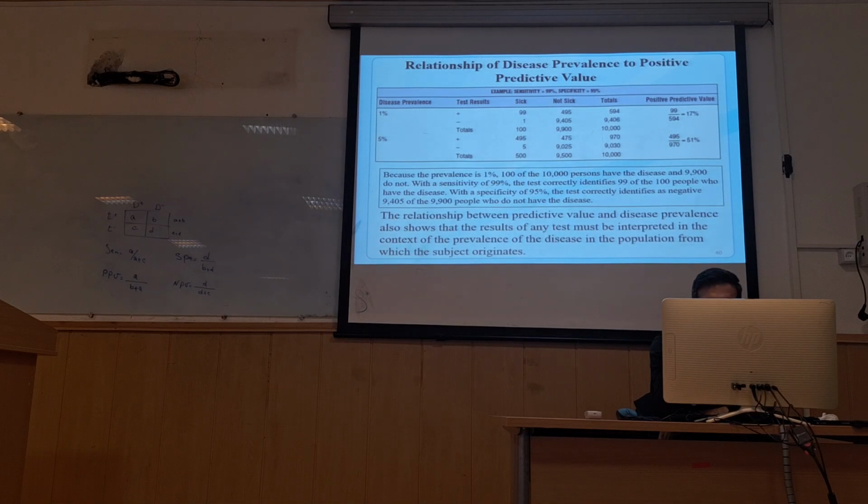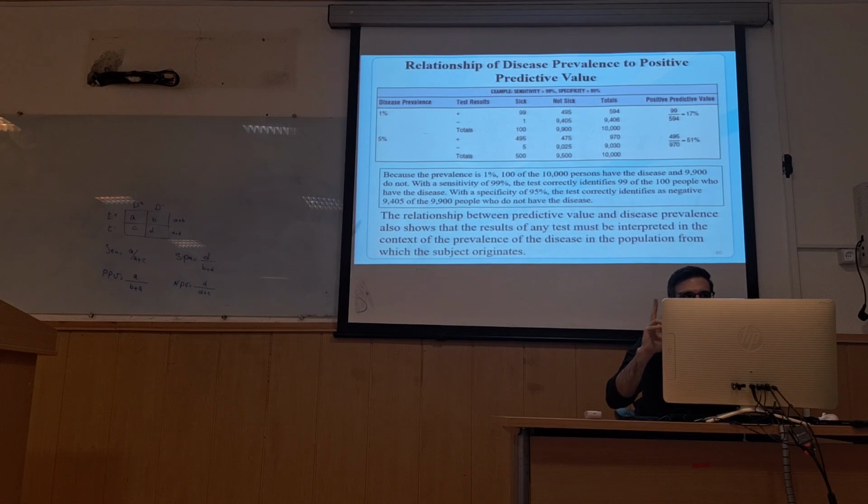For example, in this situation, the prevalence of disease in two populations is 1% and 5% respectively.